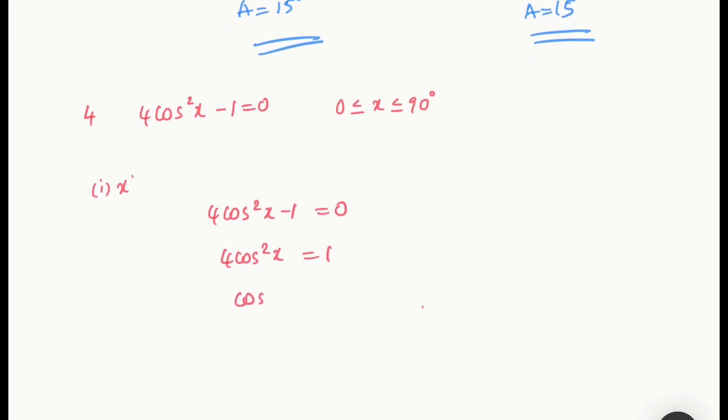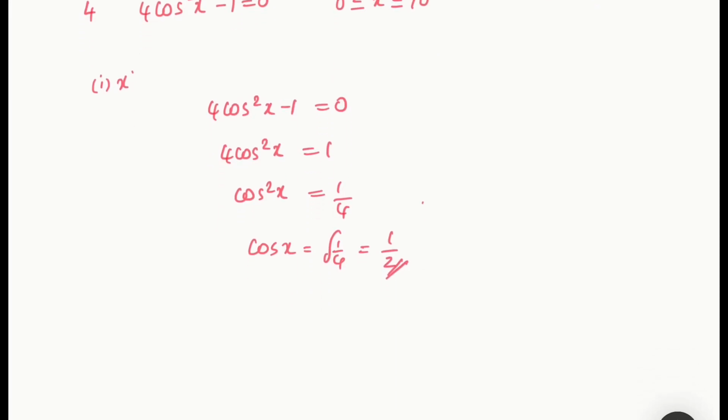So cos square x is equal to 1 by 4. Cos x equals to root of 1 by 4 equals to 1 by 2. Okay. So for which value of cos do you get 1 by 2? It is 60. So cos x is equal to cos 60 gives you x is equal to 60. There you finished your first sub question. You found the value of x.